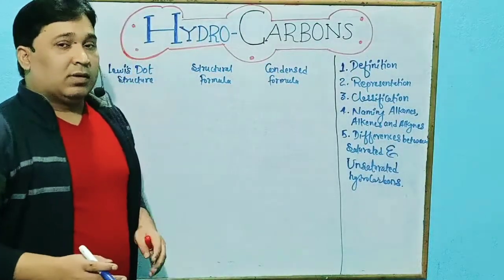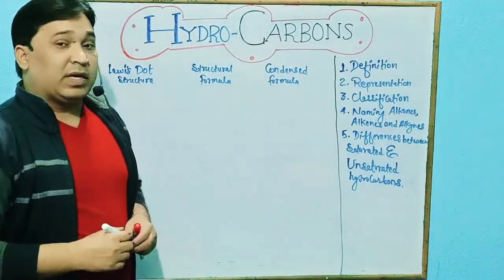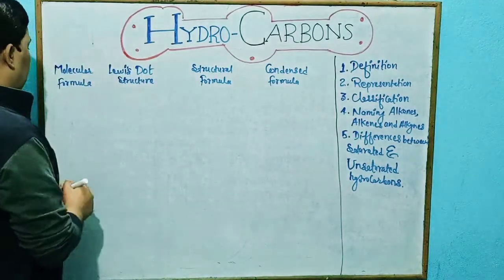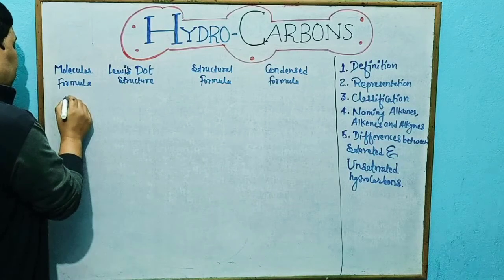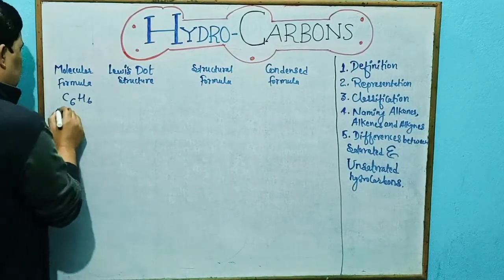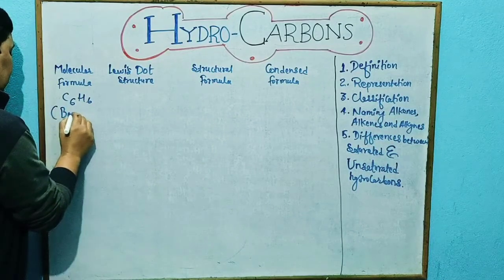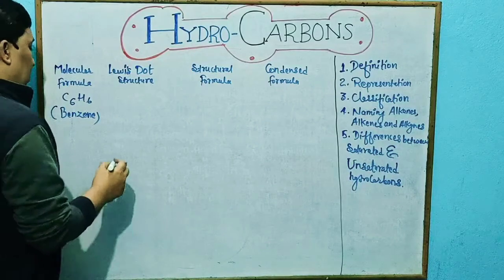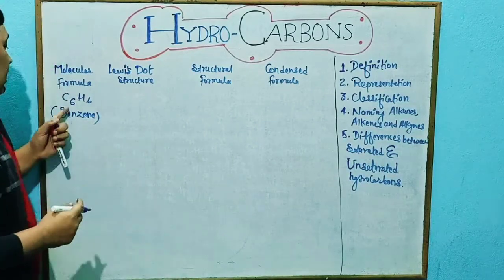We are going to see the representation of benzene. Benzene is also a hydrocarbon. The molecular formula of benzene is C6H6. It is called benzene. There are 6 carbon atoms.